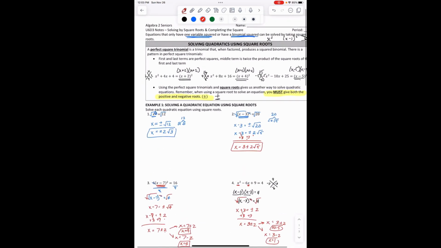Okay, so completing the square is a method we can use to create a perfect square trinomial. Again, if we can create something that looks like these guys that are perfect square trinomials that factor to a binomial being squared, then we can solve by taking square roots.